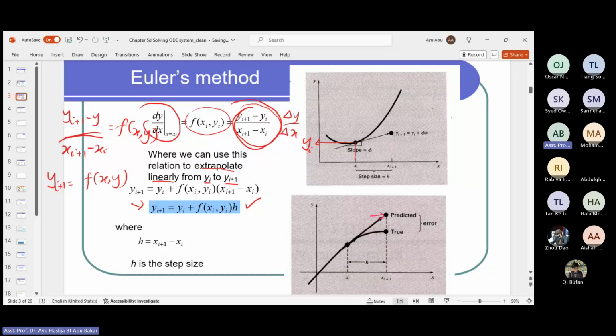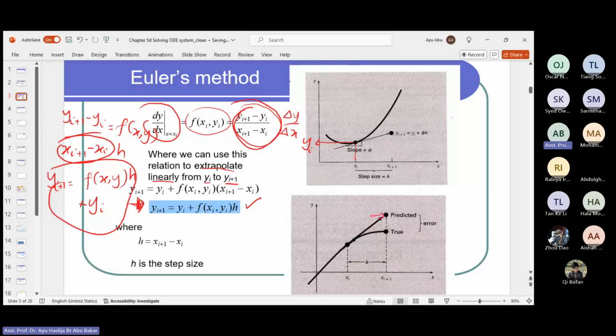This part is the h, multiplied by h, then plus y. Y here is the yi. So that's how we get this equation, which is used to predict the new point in Euler's method.